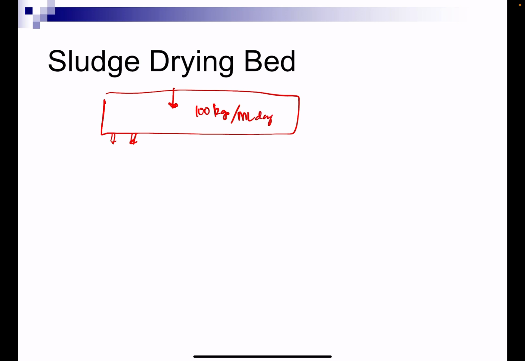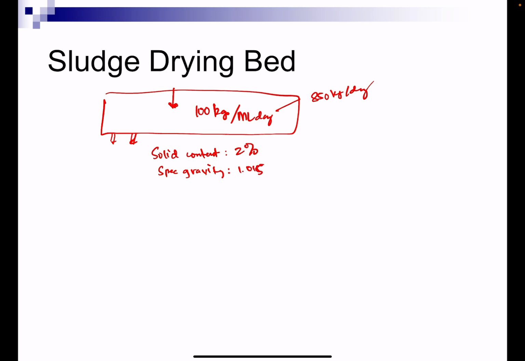The sludge applied is, again, the 85, right? 85 MLD, or 850 kilograms per day. The solid content, we assume here, is around 2%. The specific gravity is more than 1, so for example 1.015.